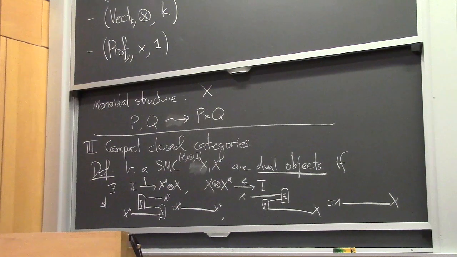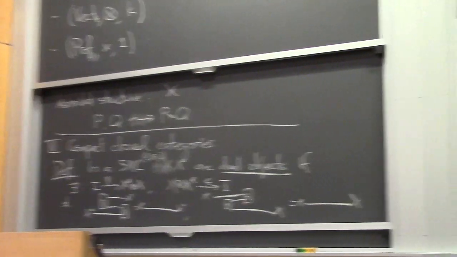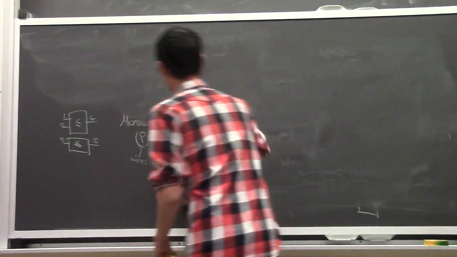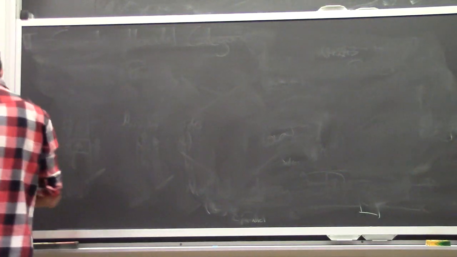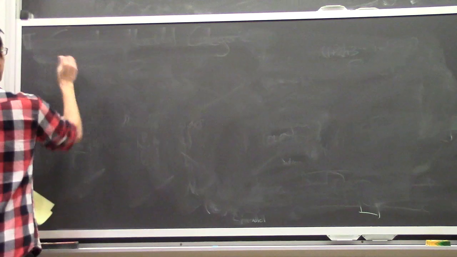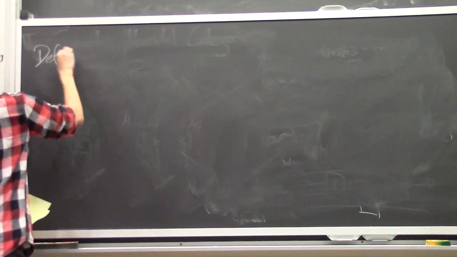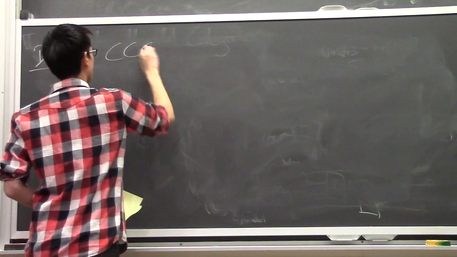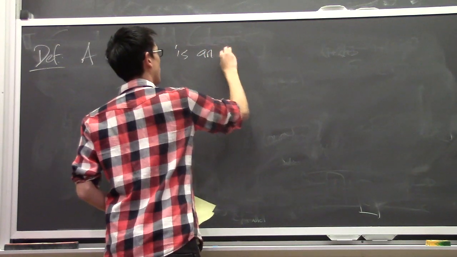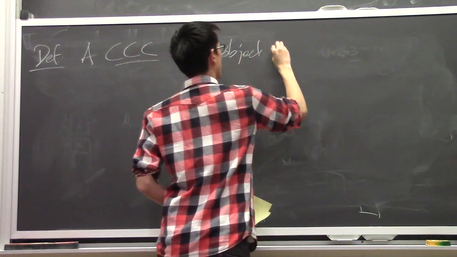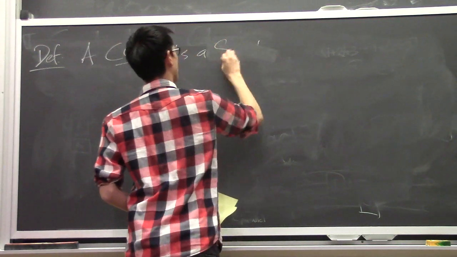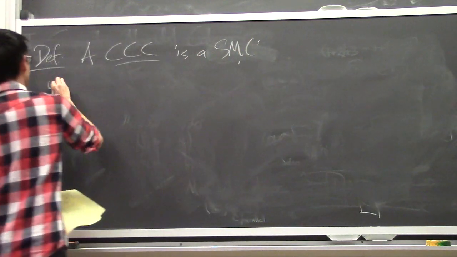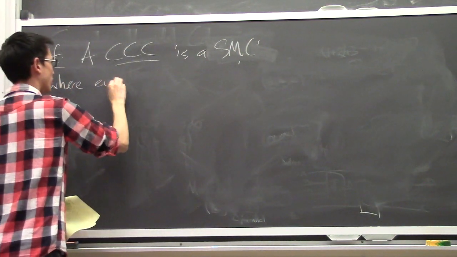So what is a compact closed category? A compact closed category is a category where every object has duals. Definition: a compact closed category is a symmetric monoidal category where every object has a dual.